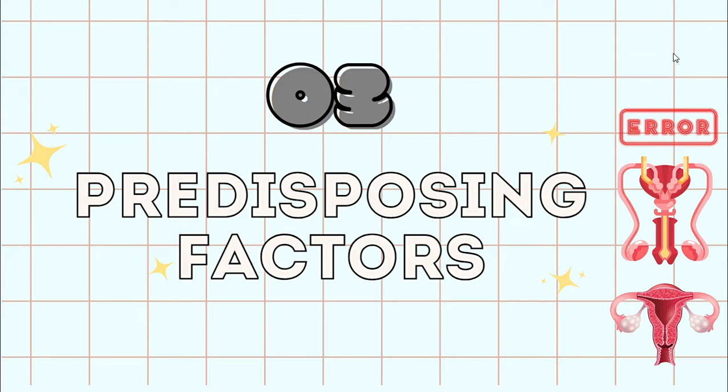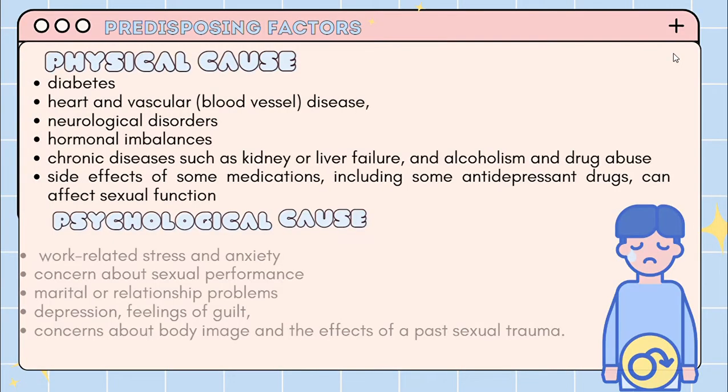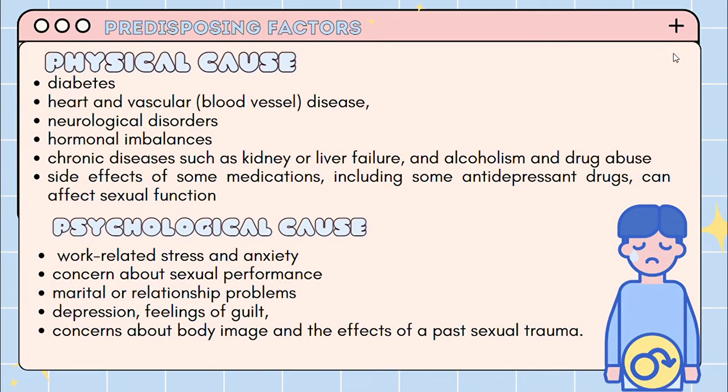So, we have two factors, the physical cause and psychological cause. For the physical cause, we have diabetes mellitus, heart and vascular disease, neurological disorders, hormonal imbalances, chronic diseases such as kidney or liver failure, and alcoholism and drug abuse.